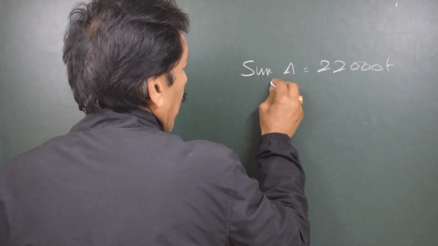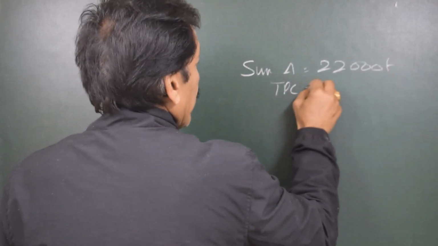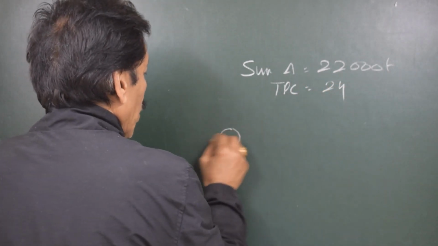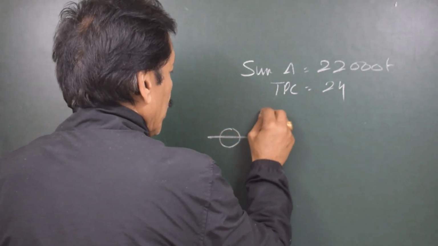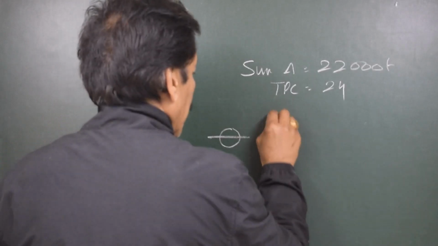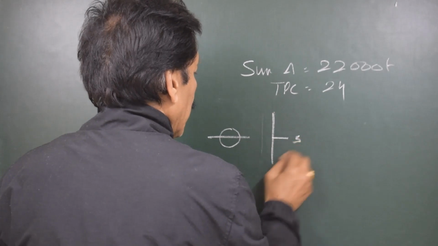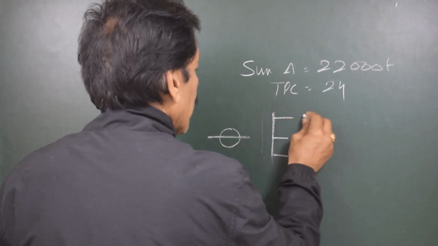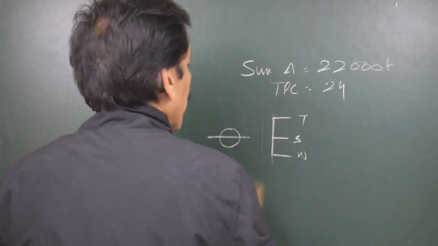Let's say TPC is equal to 24, and we just saw the load line marks, say this is summer, this is winter, and this is tropical.